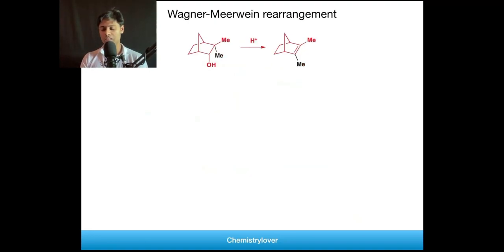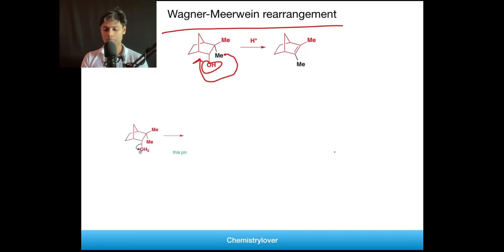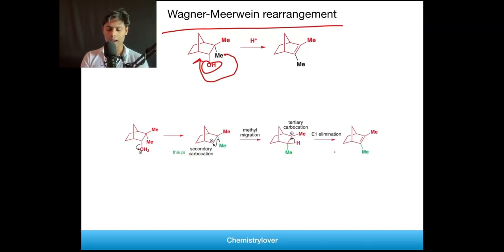Our next rearrangement reaction is a very popular and well-known rearrangement reaction, which is called the Wagner-Meerwein rearrangement. In this case, by this rearrangement, this OH group leaves from the molecule, and this methyl group comes from here to here, and you are generating a double bond over here. So how does the reaction occur? In the first step, the oxygen of this OH group gets protonated, and it leaves as a water molecule, leaving behind this carbocationic center.